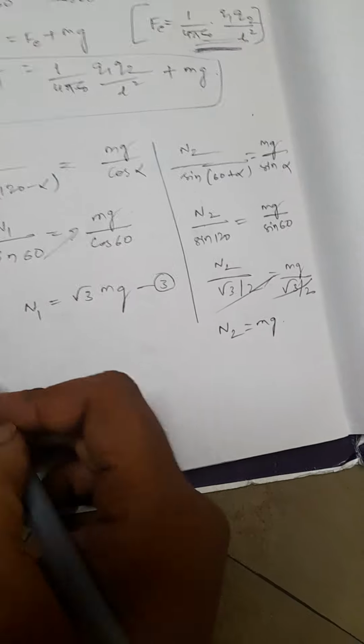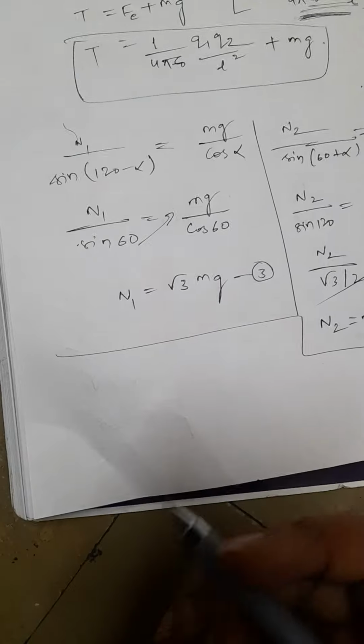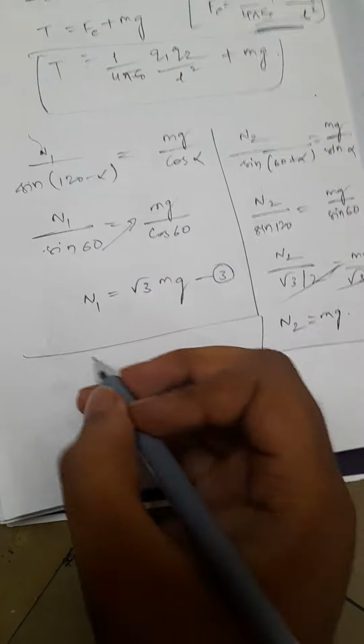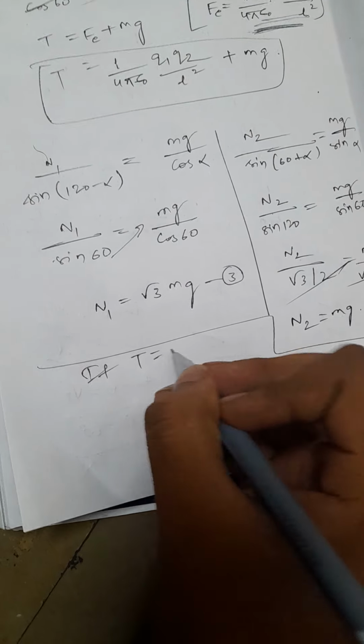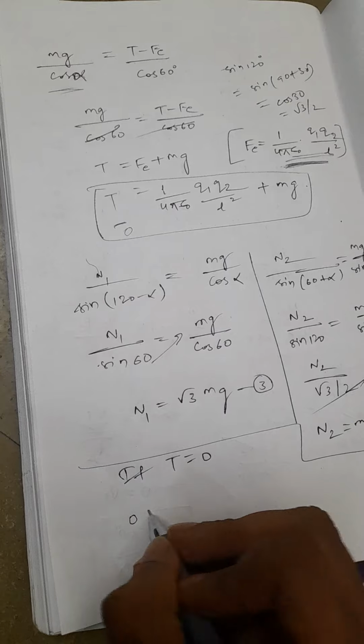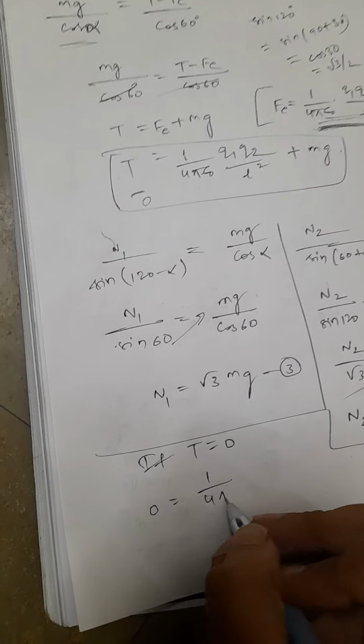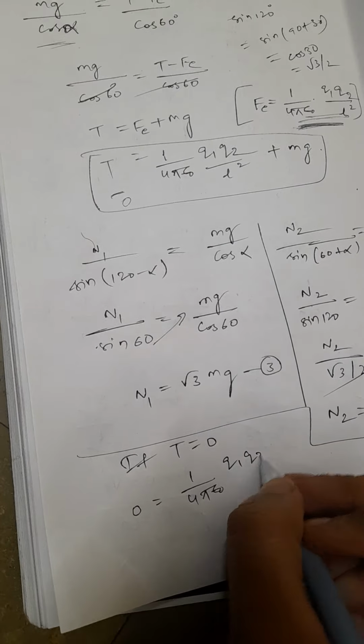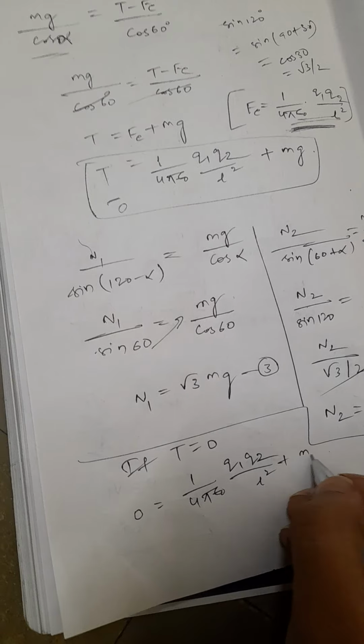And apart from this, we are also asked to find, if the string is cut, which means if t is equal to 0, what is the value of q1 and q2. We'll use the above equation itself. If t is equal to 0, we can write the equation as 1 by 4 pi epsilon naught q1 q2 by L square plus mg.